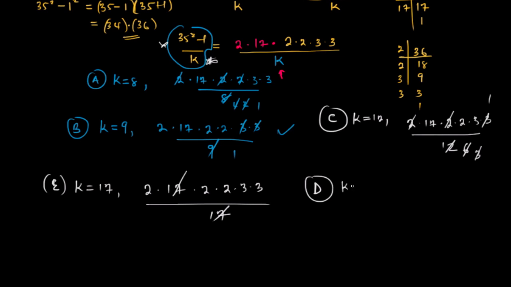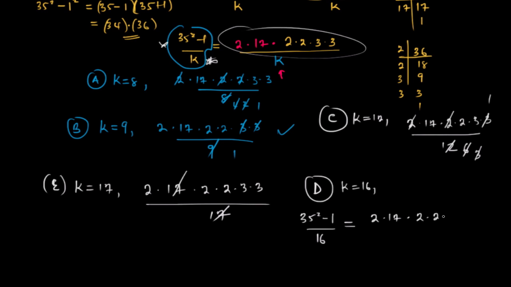So when k equals 16, what we have is 35 squared minus 1 divided by k, which is 16 now. Our 35 squared is this here. So that'll be 2 times 17 times 2 times 2 times 3 times 3 divided by 16. So 2 here gives you 8, 2 here gives you 4, and 2 here gives you 2.